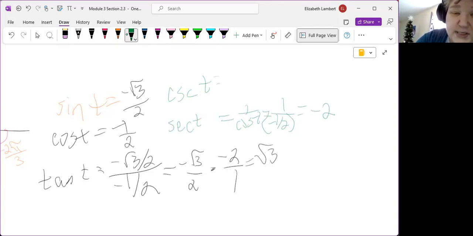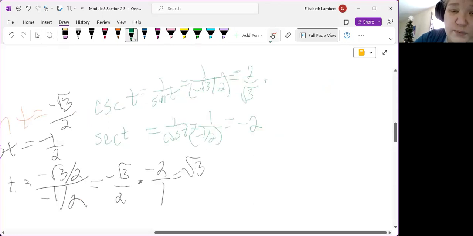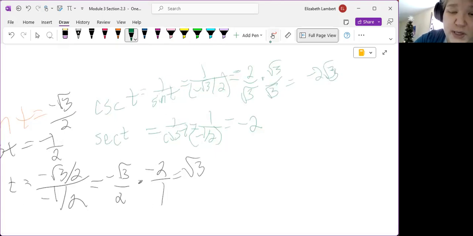Cosecant is 1 over sine. This one will be a little bit uglier. We got a little more work. So this is going to be equivalent to negative 2 over the square root of 3. And then again, we multiply by square root of 3 over square root of 3. So negative 2 square roots of 3 all over 3.